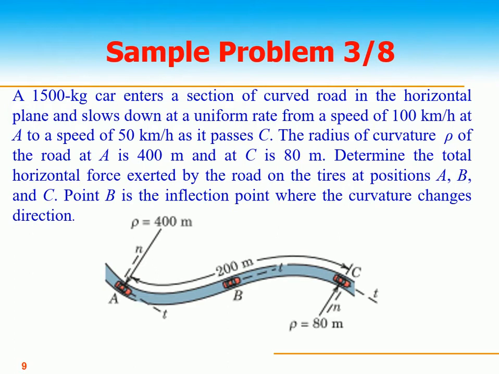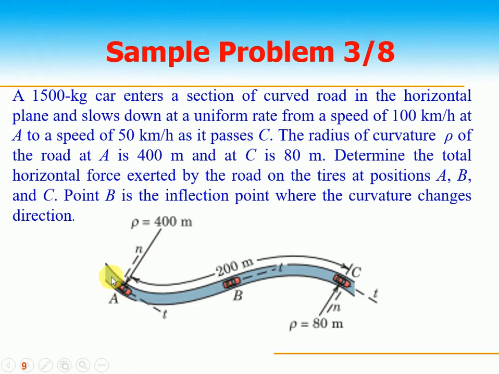Let's move to the simple problem 3-8. A 1500 kilogram car enters a section of curved road in the horizontal plane and slows down at a uniform rate from a speed of 100 km per hour at point A, right?